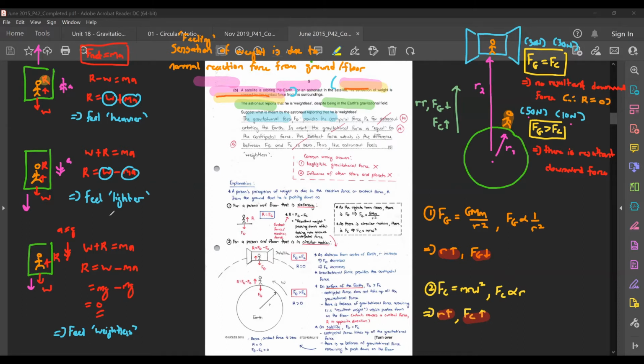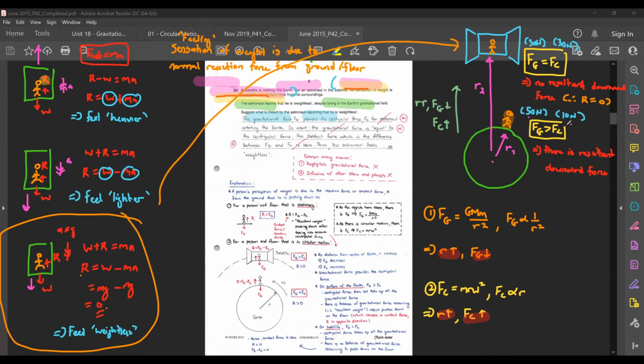Just now I mentioned that if your R is 0, your reaction force from the ground is 0, and you are going to feel weightless. Applying it to the person inside the satellite, when you go all the way up, your gravitational force is fully providing your centripetal force. There's no resultant downward force anymore, so your person is not exerting any force down on the ground.